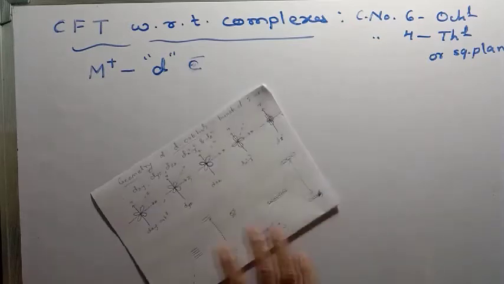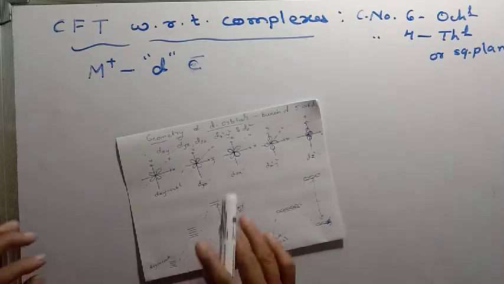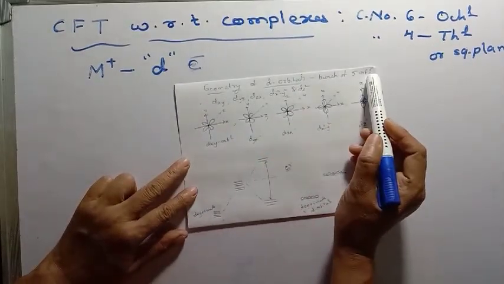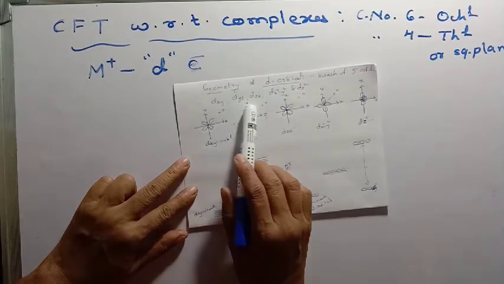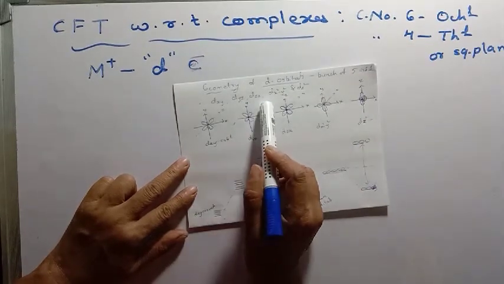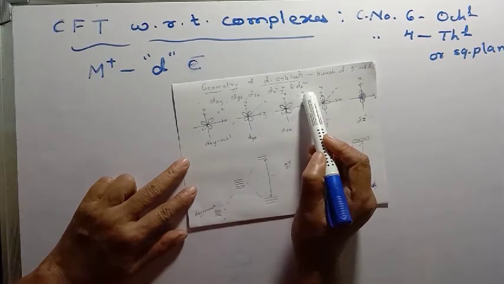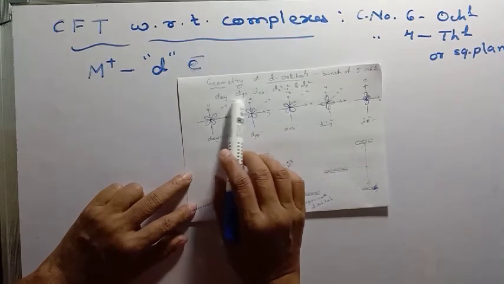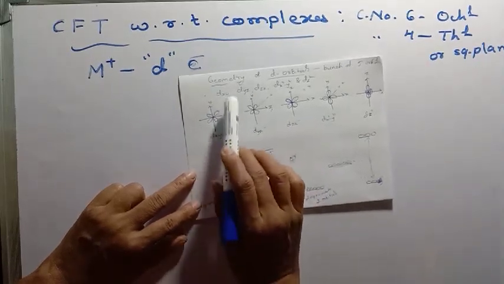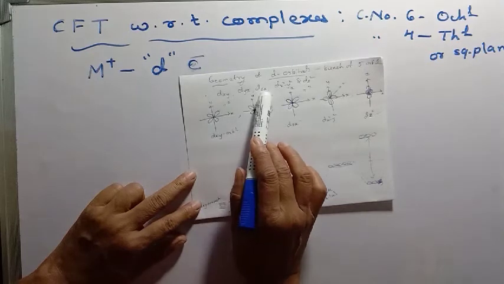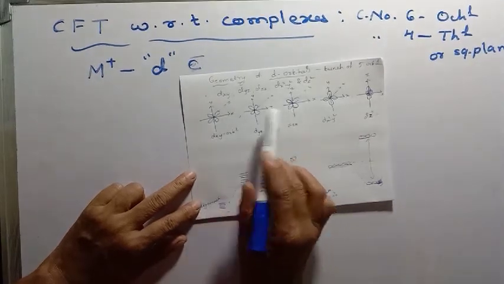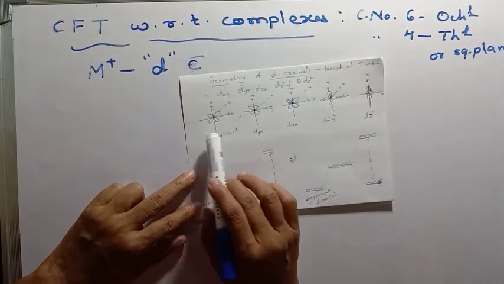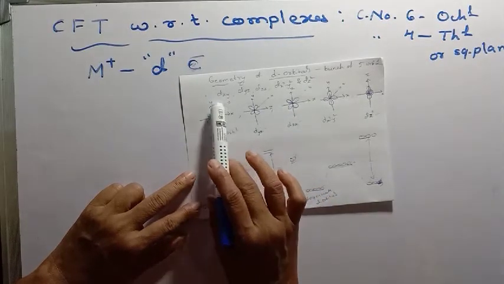Just recall, you have studied in previous classes. The d orbital is a bunch of 5 d orbitals: dxy, dyz, dzx, dx square minus y square, and dz square. If you look at their orientation in space, the first three, dxy, dyz, dzx, have double dumbbell shape, and the four lobes are oriented between the respective axes.